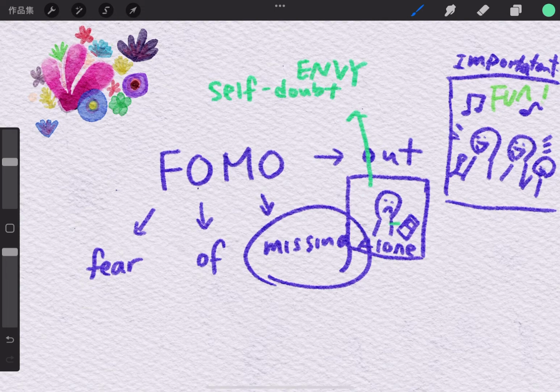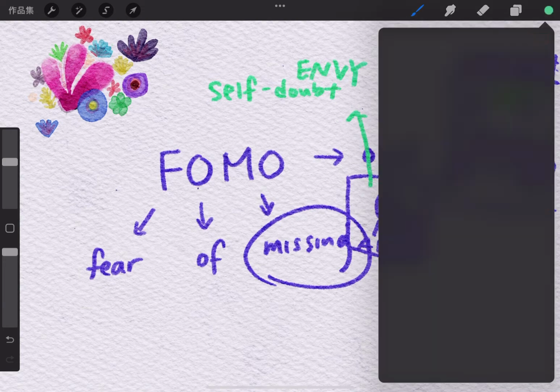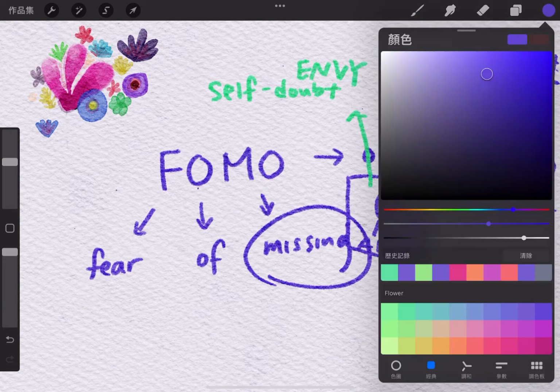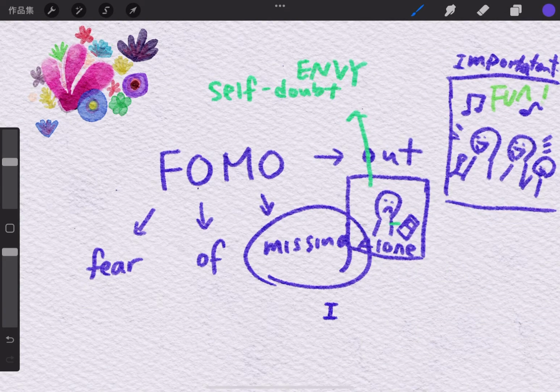And it's usually exacerbated by social media. So like Instagram or Facebook.